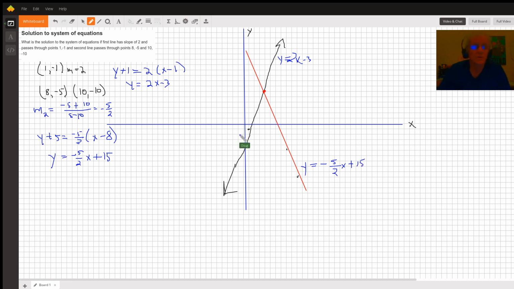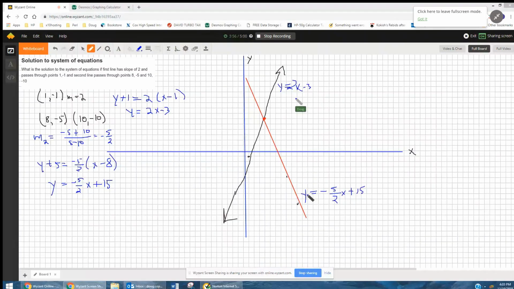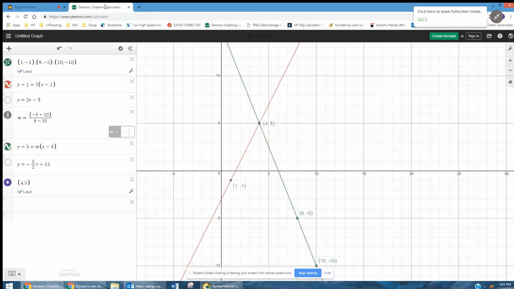Now, all of that I would perhaps do on scrap paper. If I actually share the screen here and go to the Desmos graphing calculator, you can see that the answer we're looking for is the ordered pair (4, 5). I've plotted the three given points, (1, -1), and a line with a slope of 2.